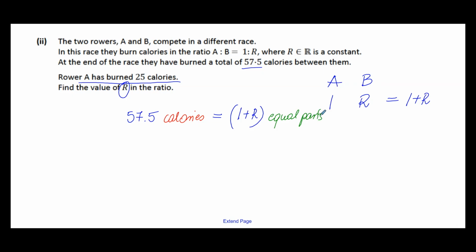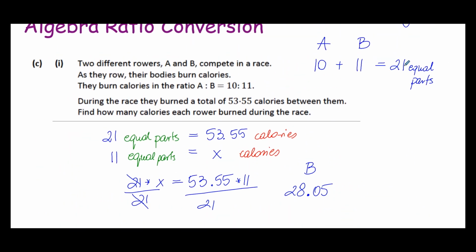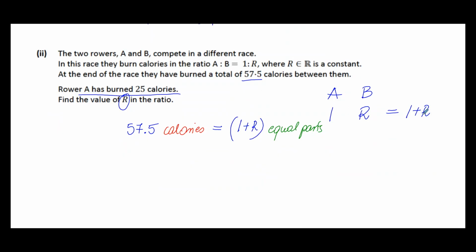Now, this is a tip for what to do when you have letters. If you are a little confused about what to do with letters, think about what you would do if that letter was a number, like what we've done in the previous part. In the previous part, we had 10 and 11 and we added them. So the same thing here, 1 and R, we add them. And that's how we get that value.